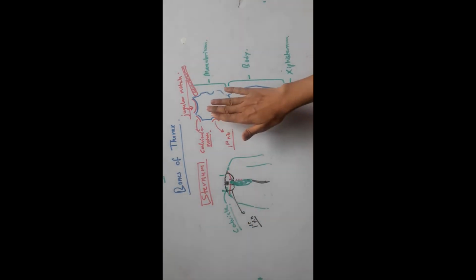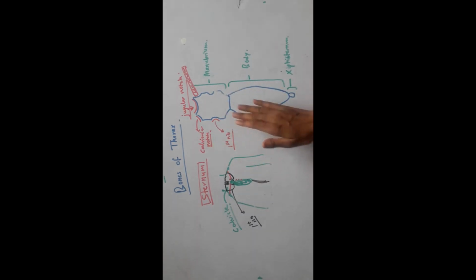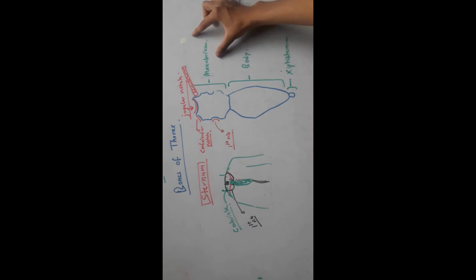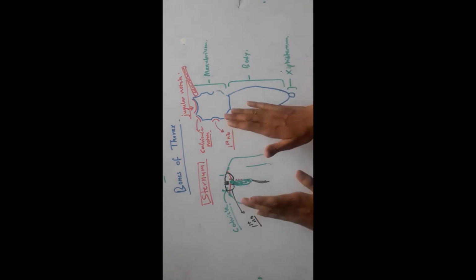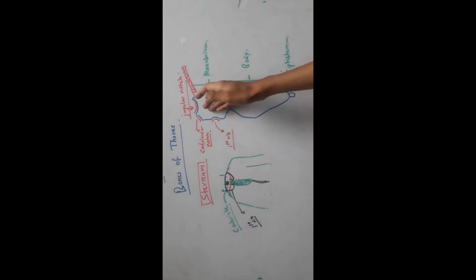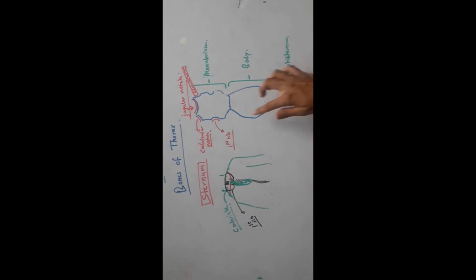Since there are 12 pairs of ribs, the first rib attaches at the head of the sternum, or the manubrium. Okay, so there are other ribs as well, right? So where do these ribs attach? Simply, there are other notches for respective ribs. I'll draw this one on this side only, so it's the same image on this side as well.